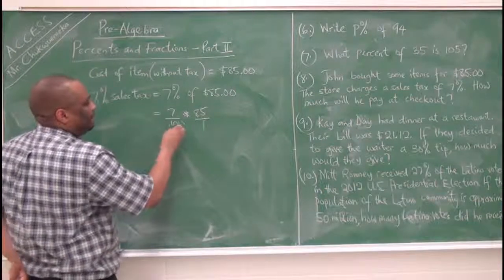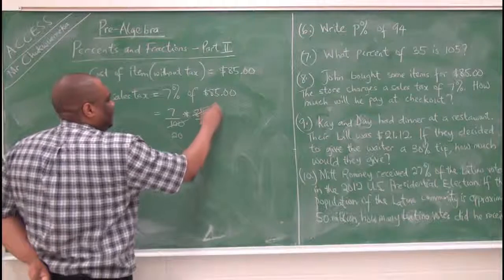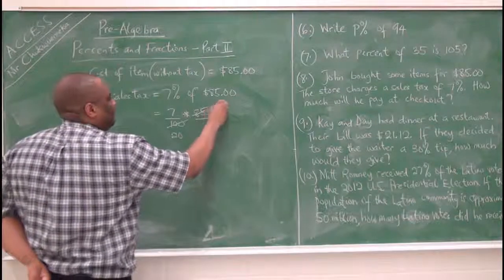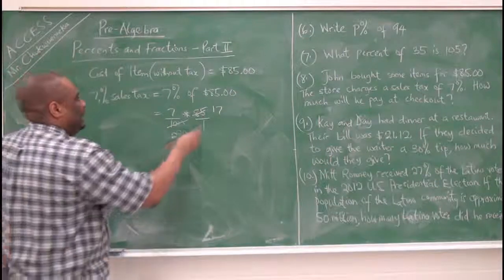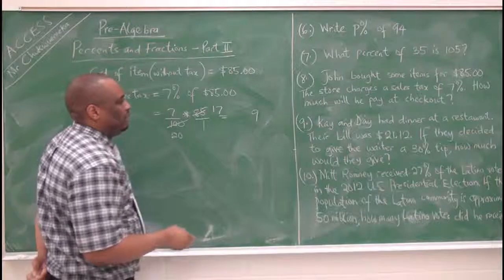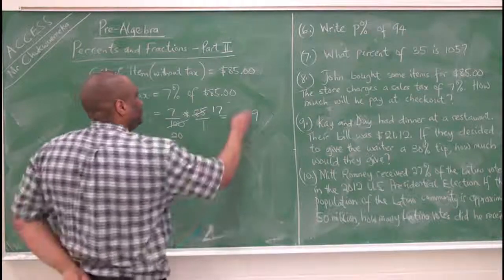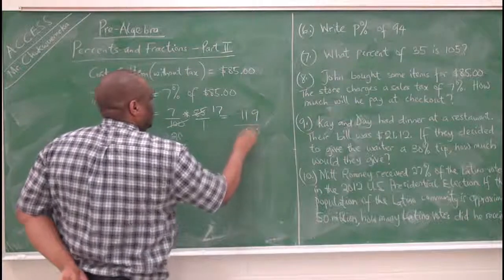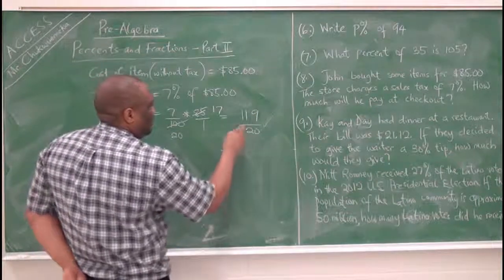So 5 can divide 100 to give you 20. 5 can divide 85 to give 17. Right? So this will be 7 times 7 is 49. 7 times 1 is 7 plus 4, 11. Divided by 20, right?